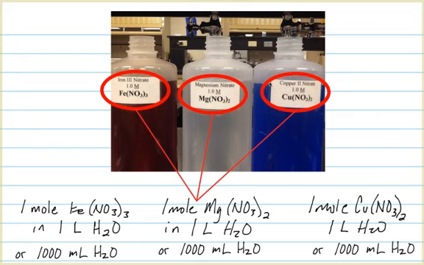So I have 1 mole of iron 3 nitrate in the bottle on the left, 1 mole of magnesium nitrate in the middle bottle, and 1 mole of copper 2 nitrate in the bottle on the right. All 3 bottles are 1 liter. They all have the same volume, so we have the same number of moles in each of those solutions.